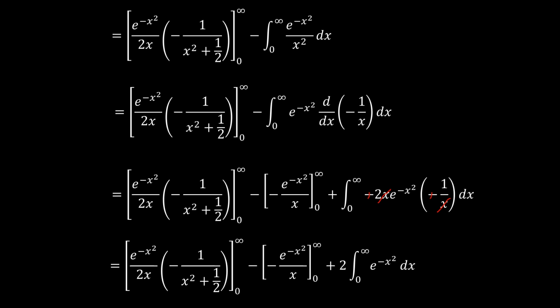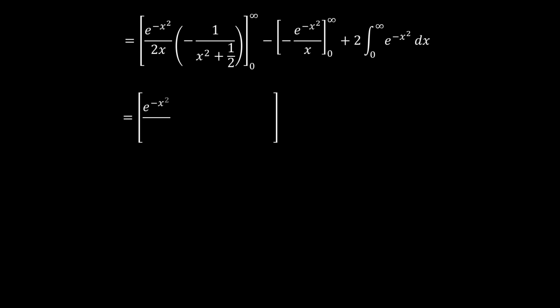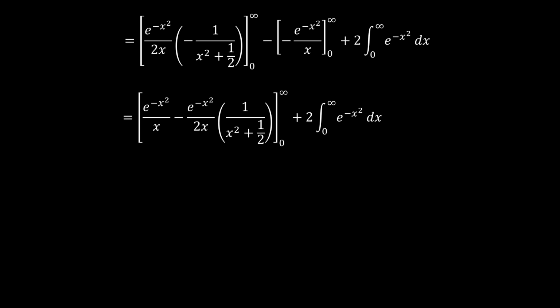So I'd like to combine these two together, and what comes out of there is now e to the power x squared over x minus e to the power x squared over 2x times 1 over x squared plus a half, with the limits applied appropriately, and then keeping this as it is.